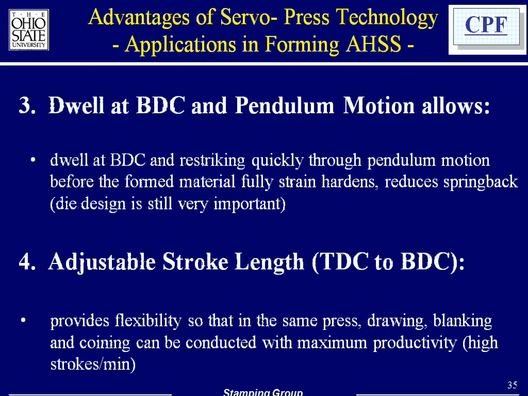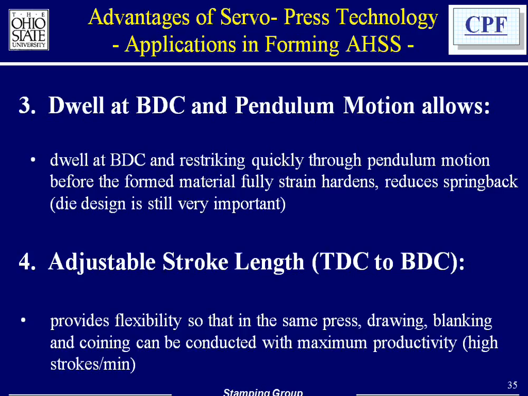Slide 35. What does dwell at bottom dead center and pendulum motion allow? If you do the pendulum motion, which is the ram goes up, passes the bottom dead center, and quickly comes back, then before the material fully strain hardens, you can reduce springback.